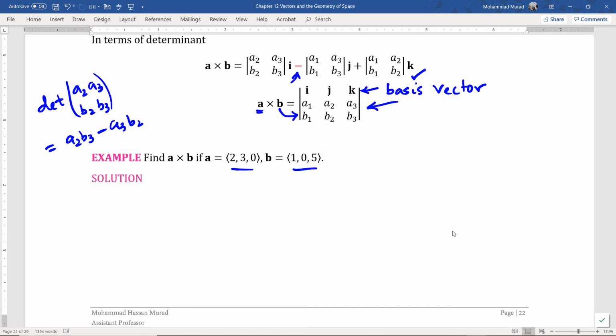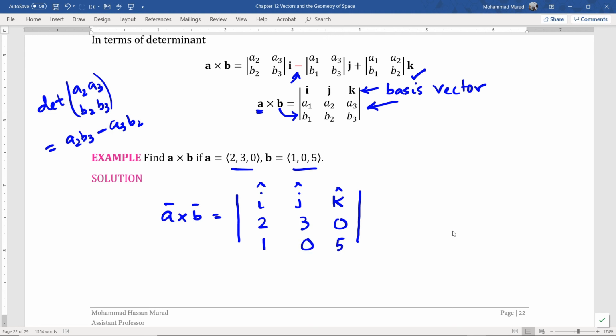Just by using the formula above, we can calculate A cross B using the determinant. So the first row contains the basis vectors. The second row contains the components of the vector A, which are 2, 3, and 0. And the third row contains the components of the vector B, which are 1, 0, and 5.